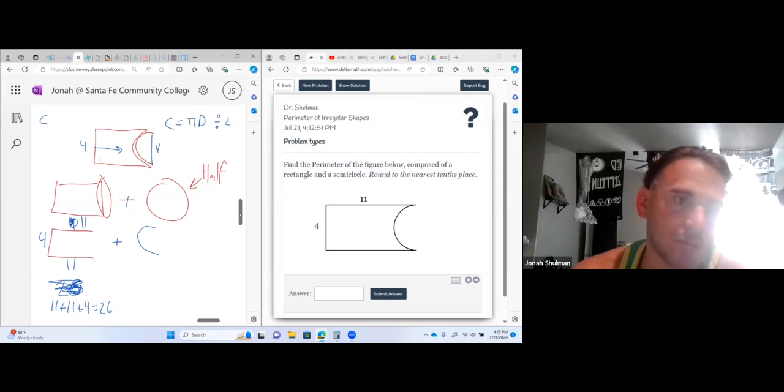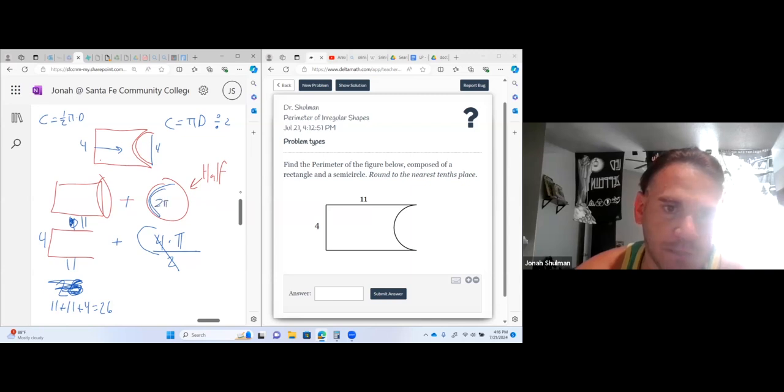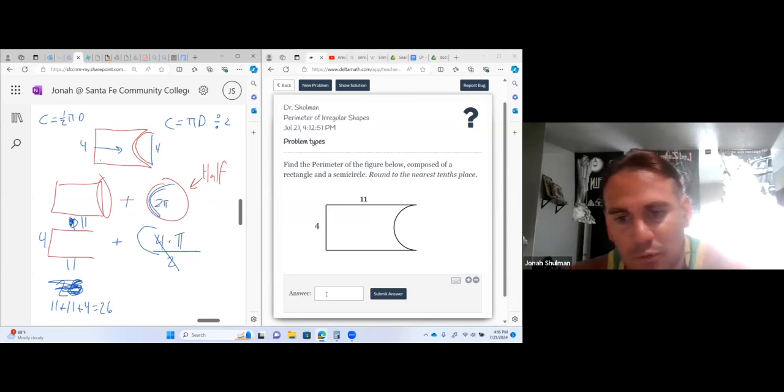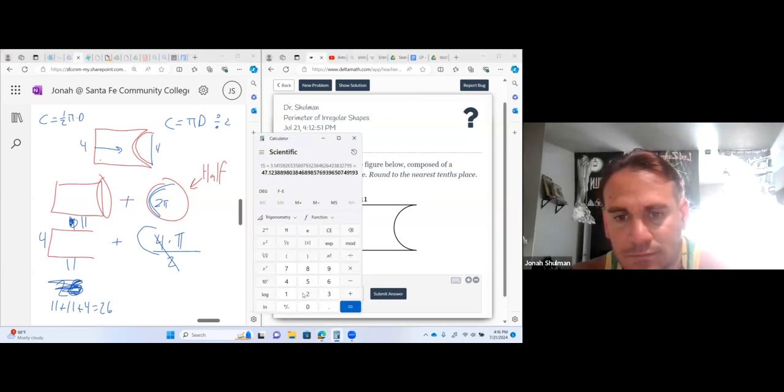Think about it as the circumference equals 1/2 pi times diameter, whatever you want. But basically, it's going to be 4 times pi divided by 2. Well, what's 4 divided by 2? 2. So basically, this whole little chunk right here, that's just 2 pi. That's it. So 2 pi is 6.28. It's what tau is.